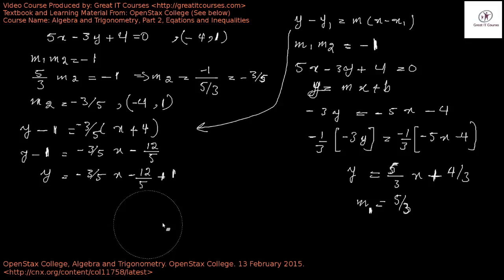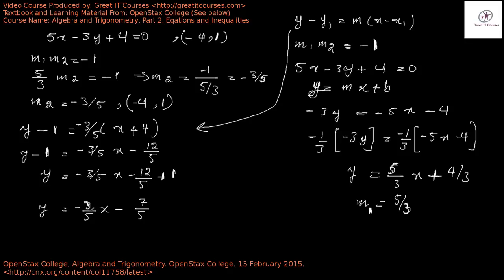So y is equal to minus 3/5 x minus 7/5. We still need to check the form, but that's okay.